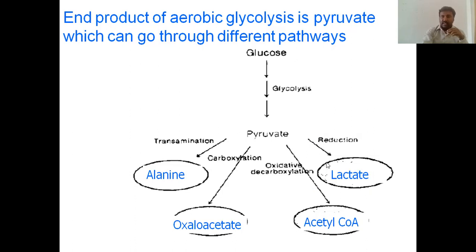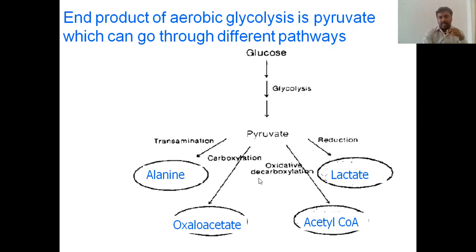Acetyl coenzyme A enters into the citric acid cycle, which we will discuss later. Then pyruvate reduction, which means addition of hydrogen, takes place in the presence of lactate dehydrogenase enzyme, and the pyruvate is converted into lactate. This happens in the deficiency of oxygen, in anaerobic glycolysis.